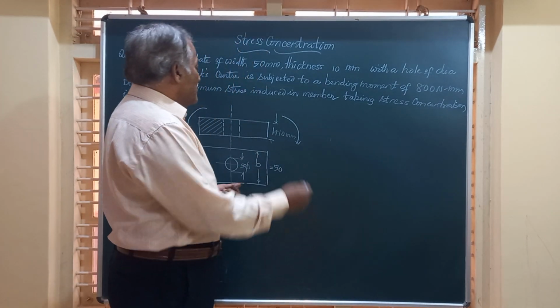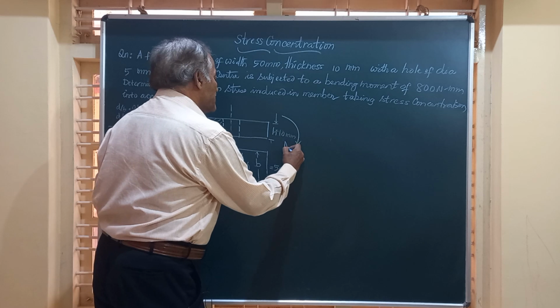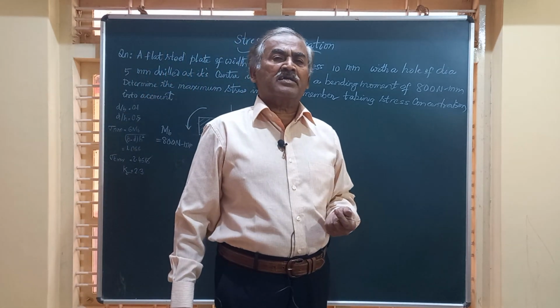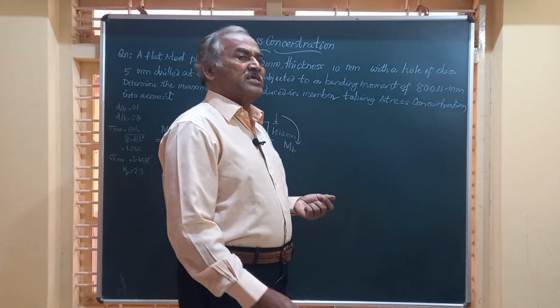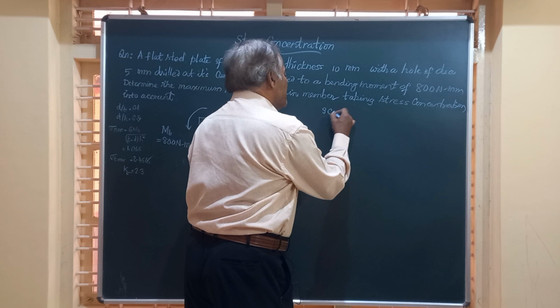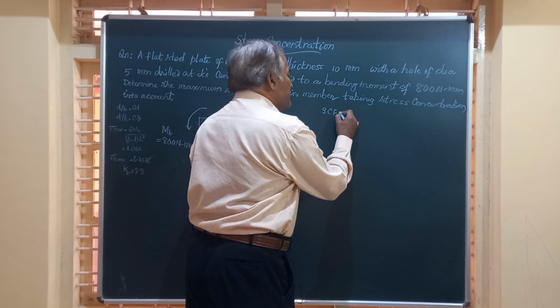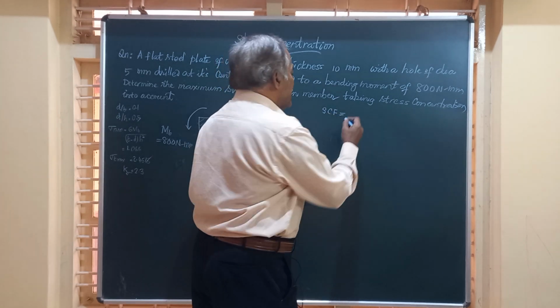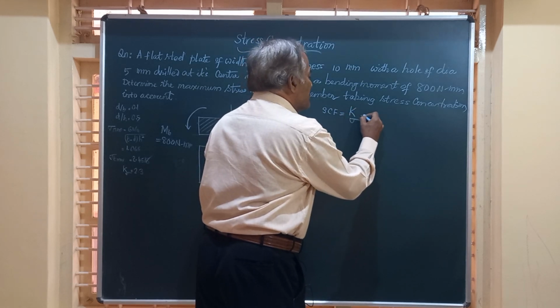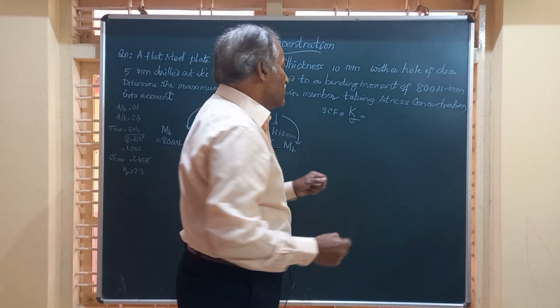Friends, we will start this problem by writing the formula for the stress concentration factor. In general, for bending, the stress concentration factor, SCF, is designated by K sigma, similar to our axial loads.